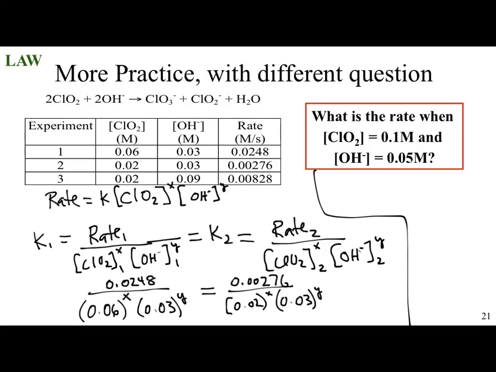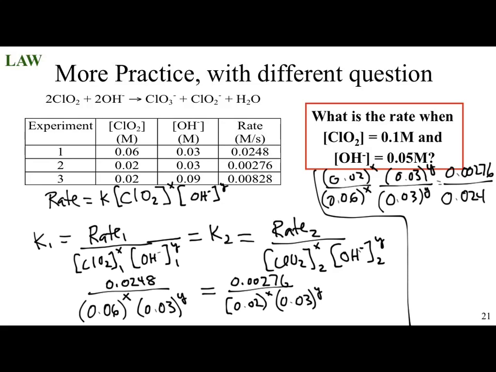Okay, so what we end up with, we get 0.02 to the x over 0.06 to the x times 0.03 to the y over 0.03 to the y equals 0.00276 over 0.248.